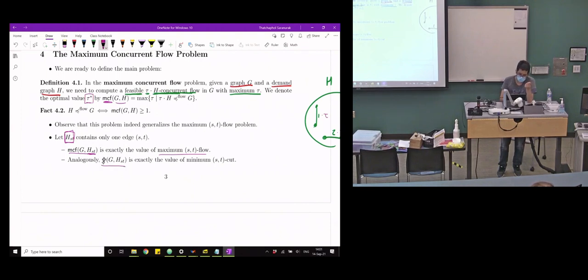By the way, this is analogous to H expansion. When H has only one edge, S and T, the phi of G, H here, you recall, is just the minimum ST cut.